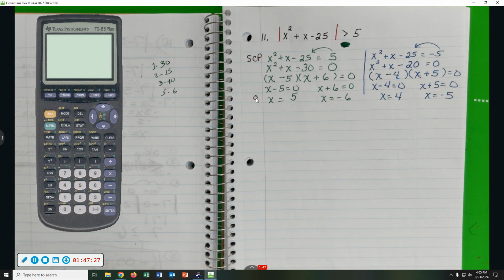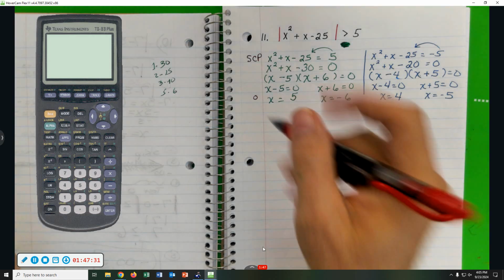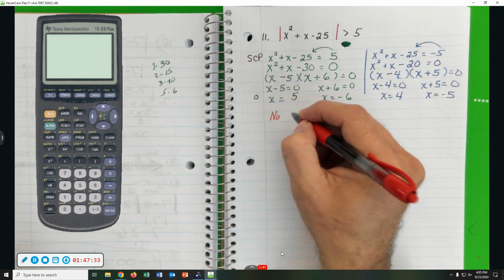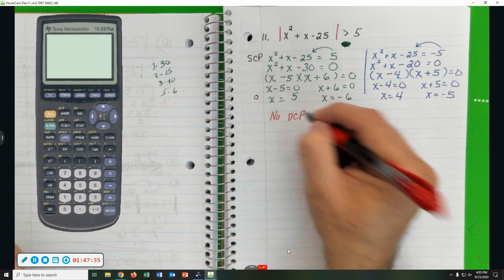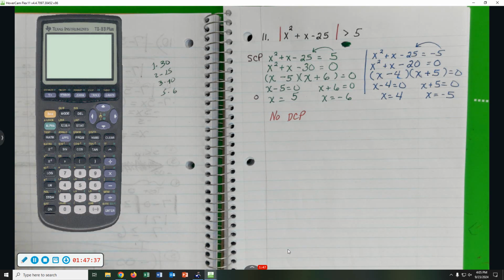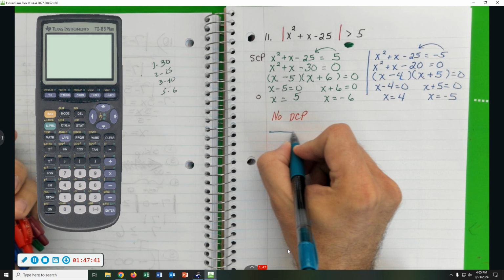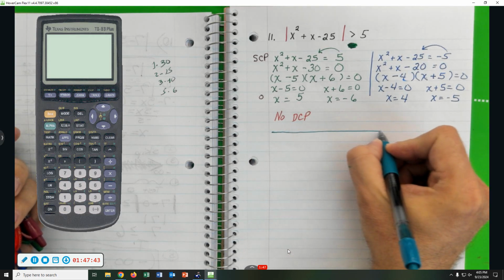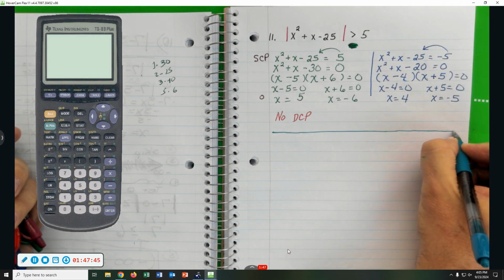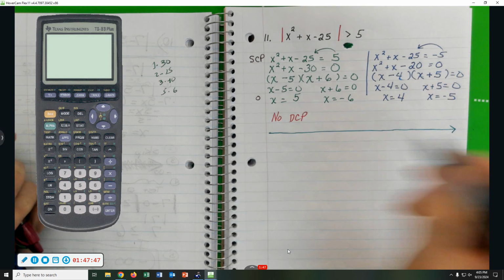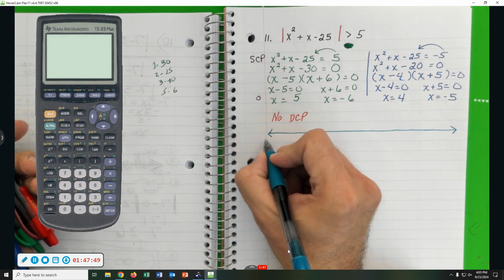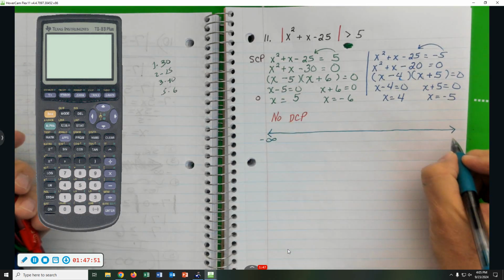Do we have any denominator cut points? No. There's no denominator cut points, because there's no fractions. So let me draw a number line. While he's drawing that number line, be thinking about how we're going to label those.